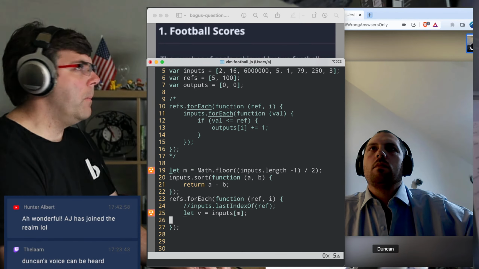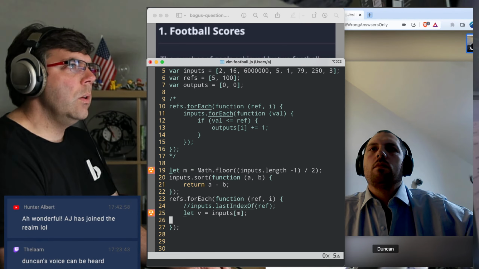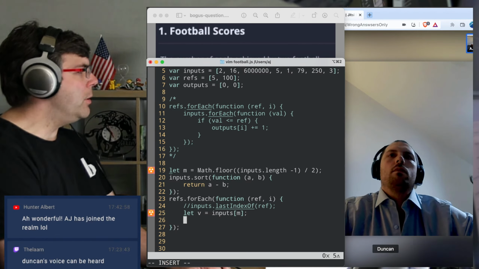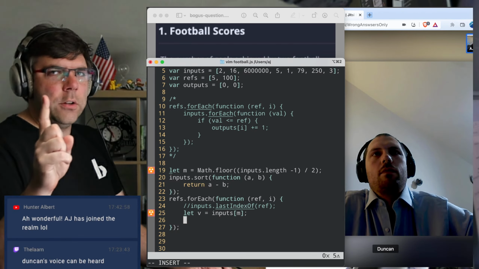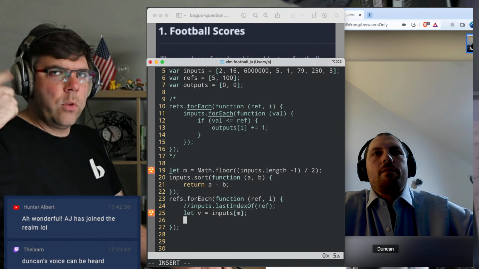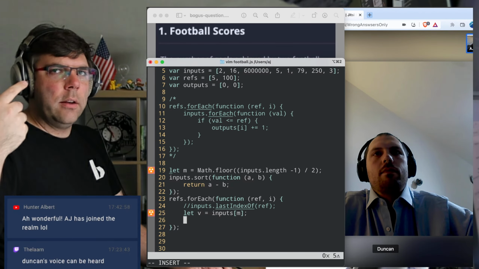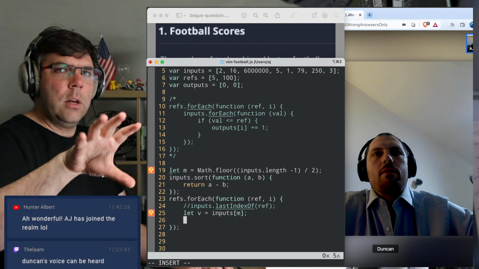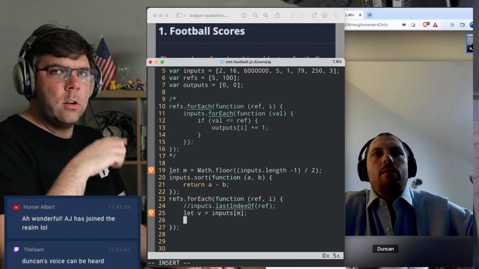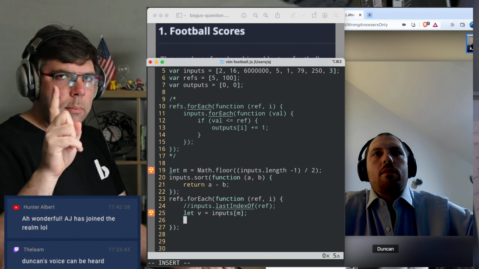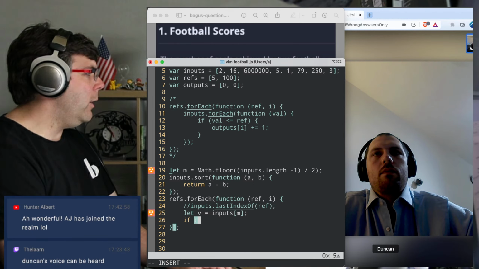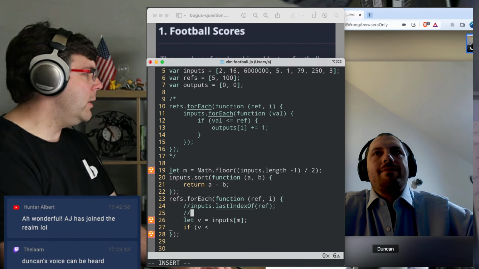All right. So I'm just going to handle this for one value at first and not try to worry about the recursion or the looping or anything like that, because you've got to deal with the leaf nodes first. Then you back up and deal with the full array. So even though I'm in a loop, I'm not going to be thinking about the loop. I'm just going to be thinking about this one value. All right, so I want to see if V is less than, let's do this.